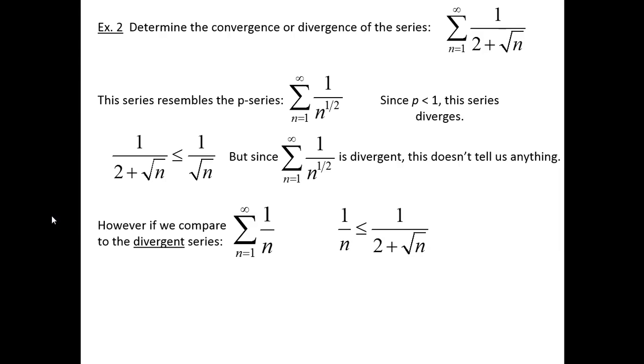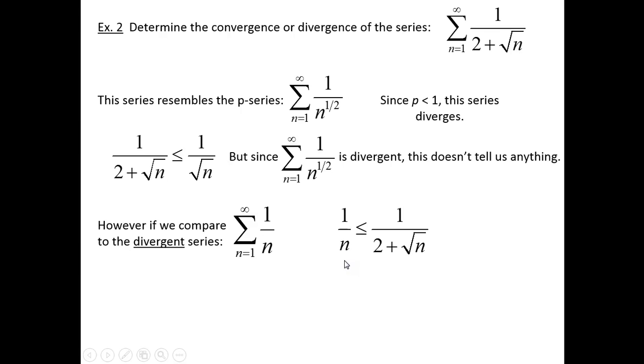And see if you agree with this inequality. 1 over n is always going to be less than or equal to 1 over 2 plus the square root of n. Think about powers here. The square root of n is always going to be smaller, which means this fraction is larger. The 2 is not going to be consequential here.